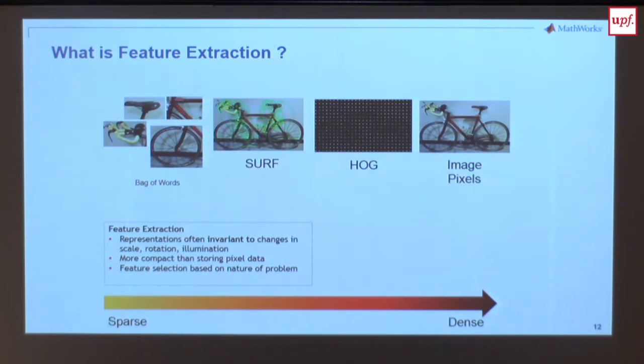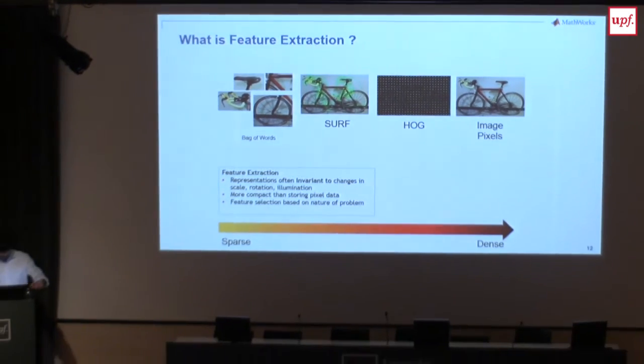This is a very simple spectrum of features. If I look at the densest form of features, those are probably the pixels. I can also use, for example, color-based features in the extraction.